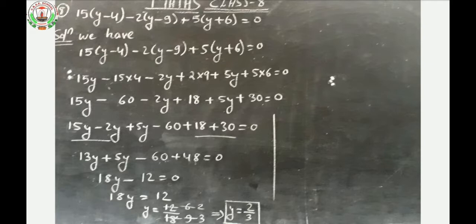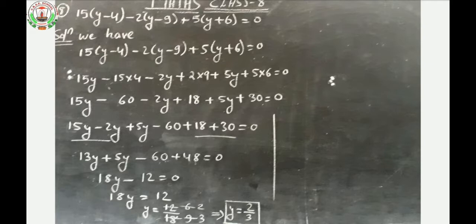In the same way, here we are going to see the constant terms. So the two positive constant terms, what are those? That is 18 plus 30, isn't it? So for that we are going to add first the positive terms, that is 18 plus 30 will become 48. So what equation are we getting, that is 13y plus 5y minus 60 plus 48 is equal to 0, isn't it?